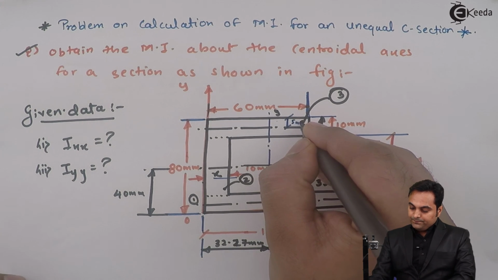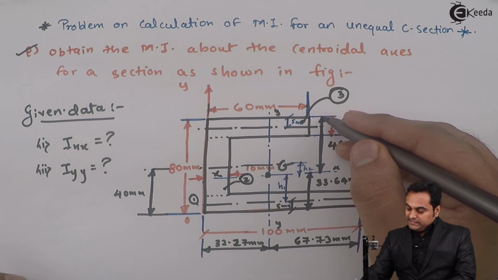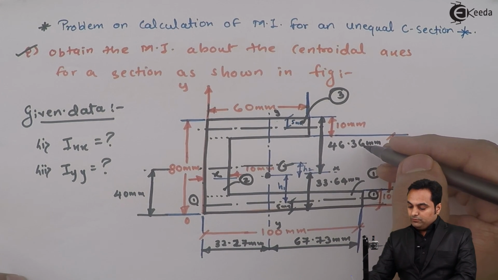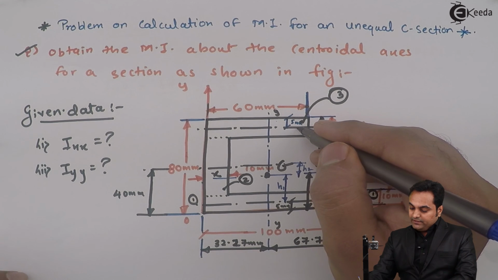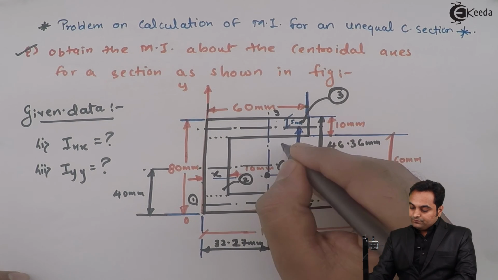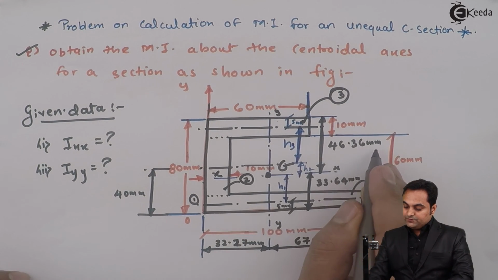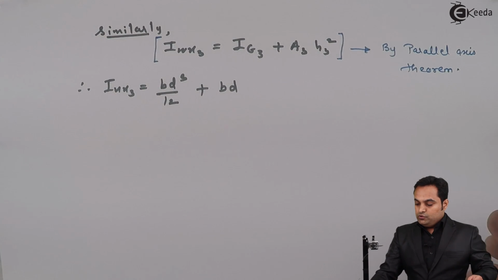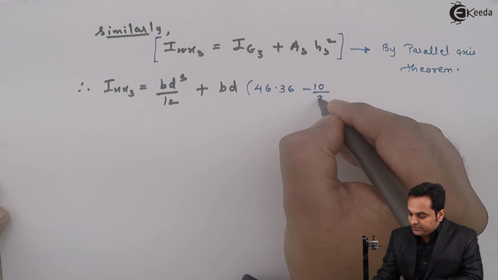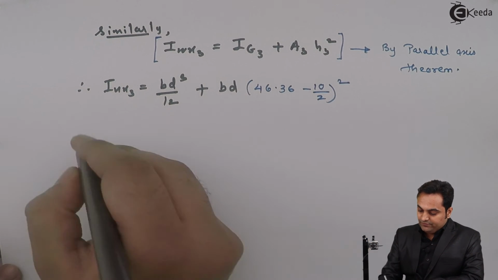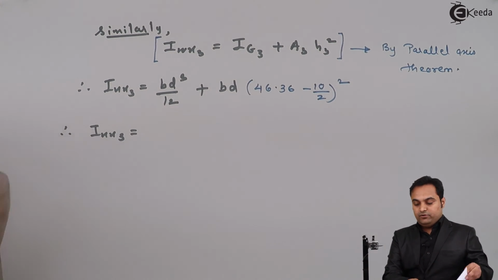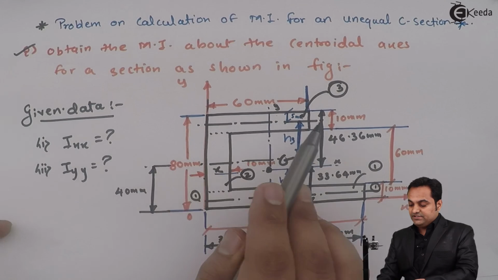This is 5 mm. But the x-axis for complete C section is located at 46.36 mm from top. So the difference between them is called H3. So it is 46.36 minus 5, 46.36 minus half of 10, which is 5. So therefore I'll go on putting the values. B and D for the third rectangle, B is 60, D is 10.